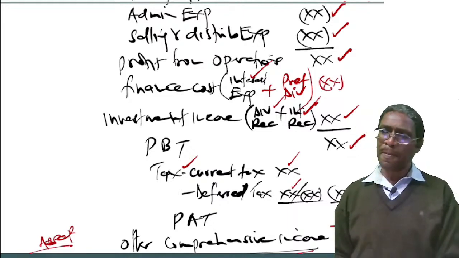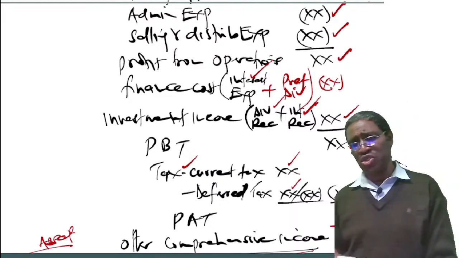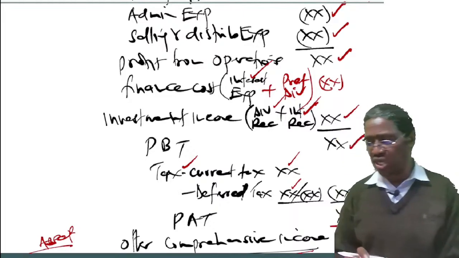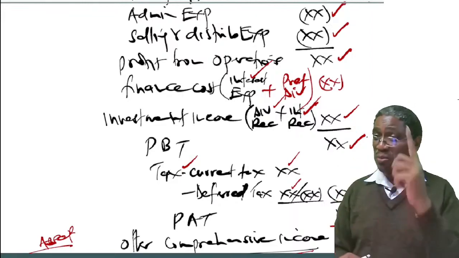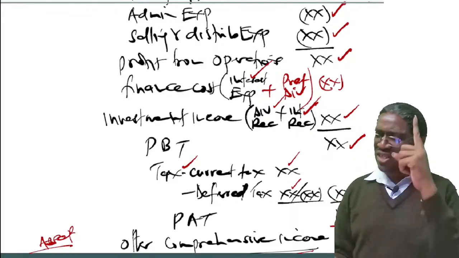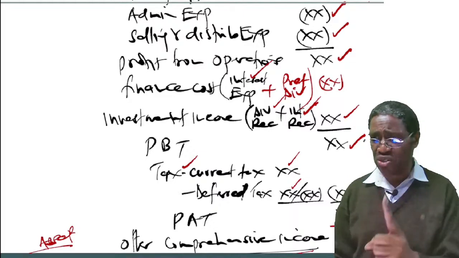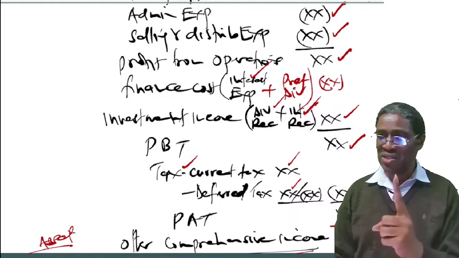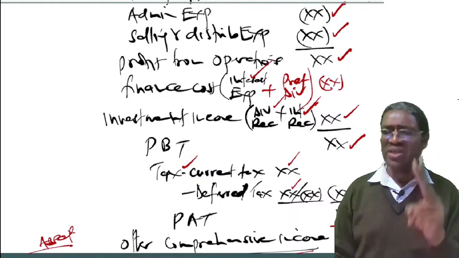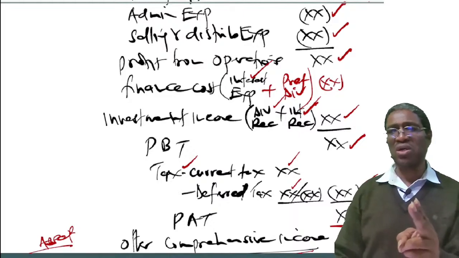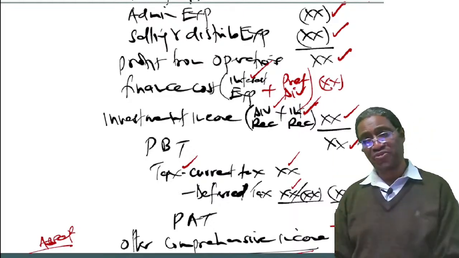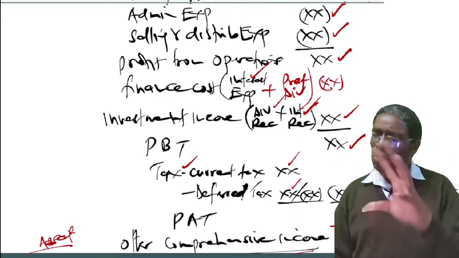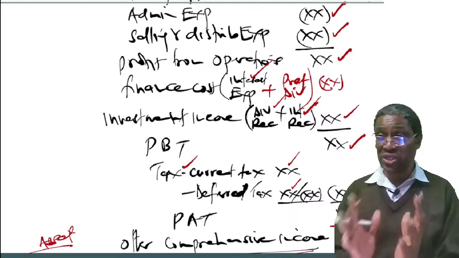Good. So I hope you have now managed to know how to treat preference shares. The first thing you must ask yourself from the question is, is this company having redeemable preference shares, or do they have non-redeemable preference shares? Once you know which one, then you can proceed.